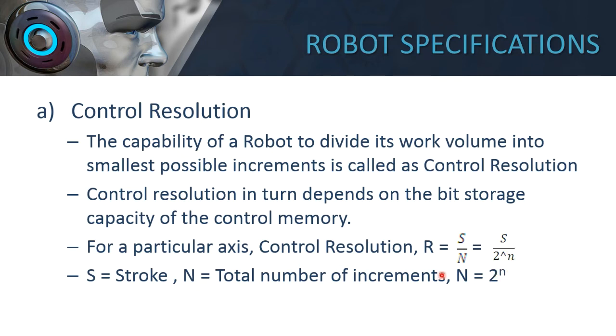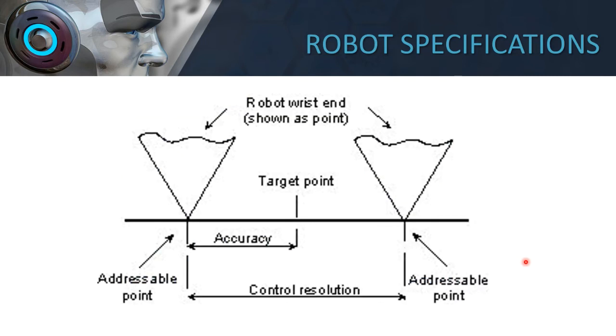So overall, R = S / 2^n, where n is the bit storage capacity of the control memory. If it is 32-bit, you substitute 2^32. If it is 64-bit, you substitute 2^64. That will give you the control resolution. I hope you have understood what control resolution is.